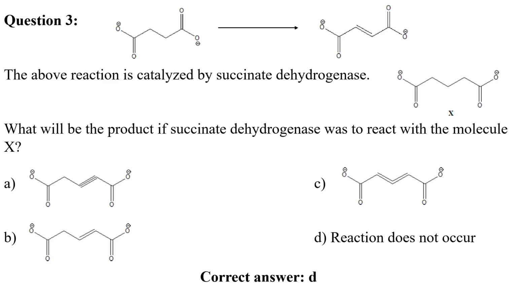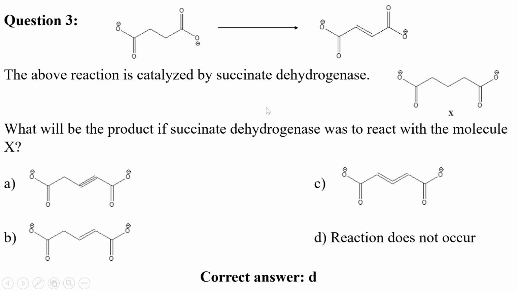Now if an enzyme is made such that succinate can fit into that pocket, no other molecule will be able to fit in that pocket and do the same catalytic reaction, even if the molecule is similar to the structure of succinate. Here the molecule X has a structure similar to that of succinate.